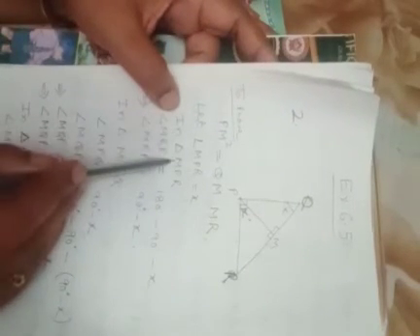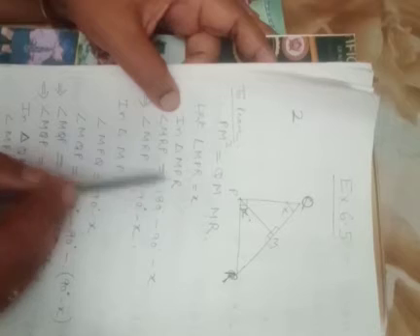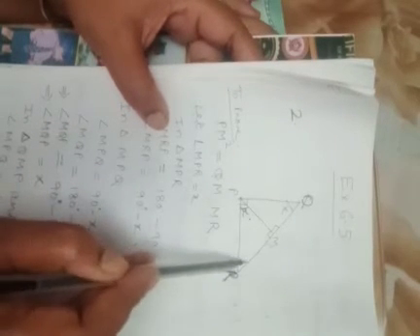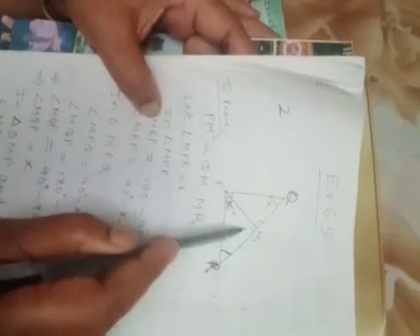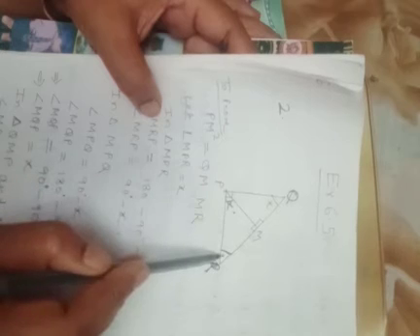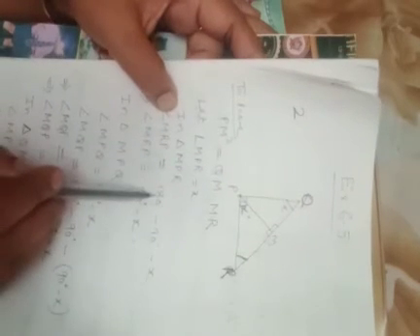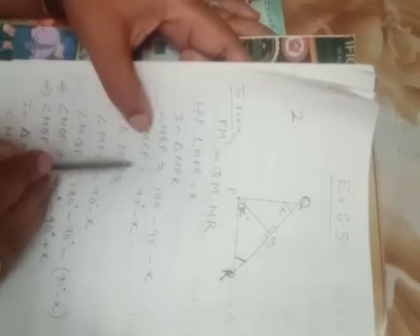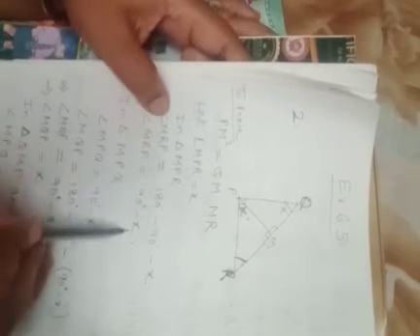So in the triangle MPR, angle MRP will be equal to 180 degree minus 90 degree minus X degree. We will get this angle. So 180 degree minus 90 degree minus X, and angle MRP will be equal to 90 degree minus X.